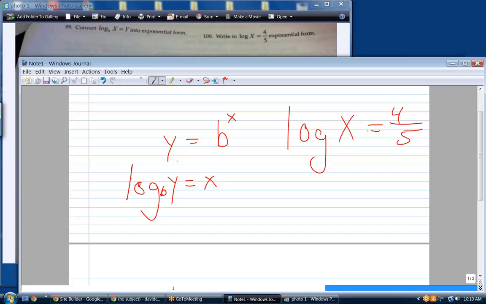What's the base of this log? It's always 10 if it's not specified. In other words, this is the same as this. So if there's no base, it's log base 10. So when we convert this to exponential, what's it going to be?